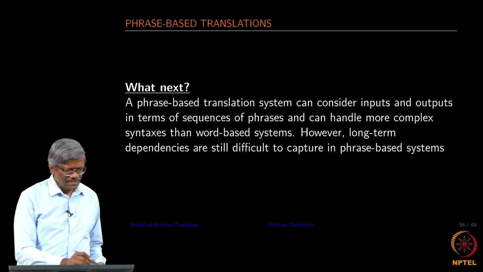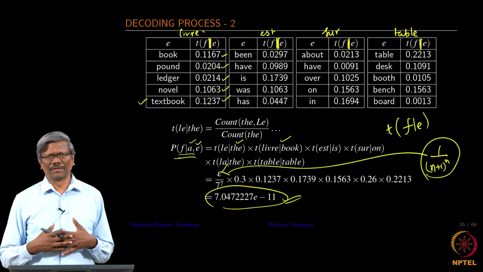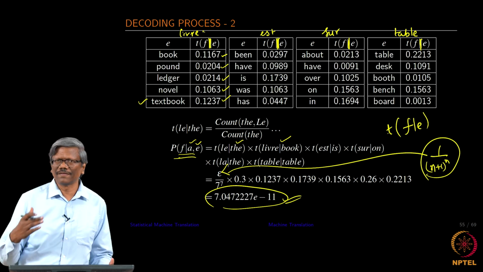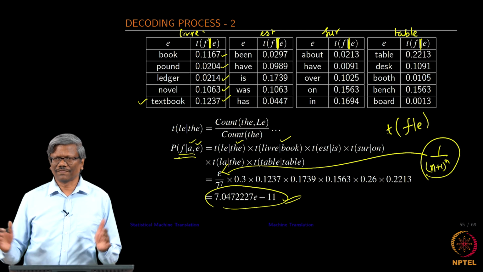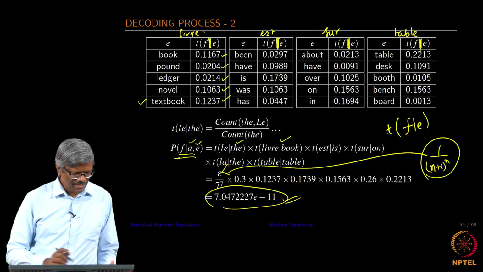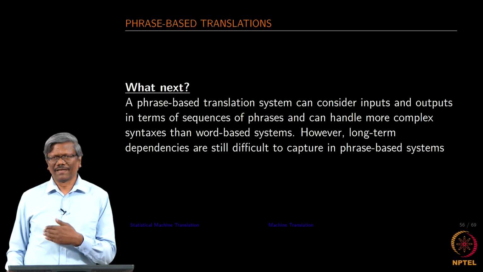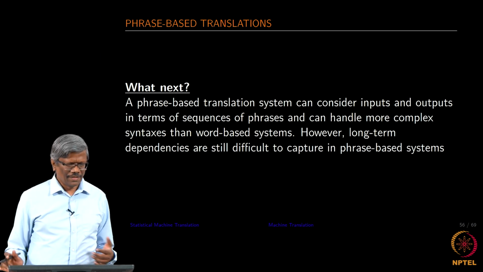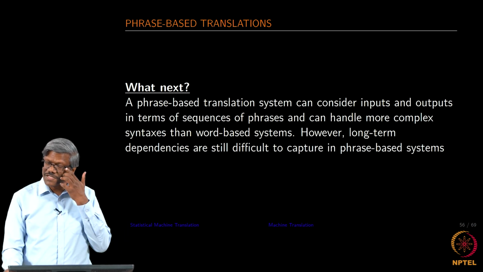Then what next? So, these two models gave us some ideas in terms of how to really start the translation given the data that we have in the training samples in terms of parallel corpus, correct. But they are not going to be quite useful because they are lexical models, which we even saw in the earlier case or even in the first session.